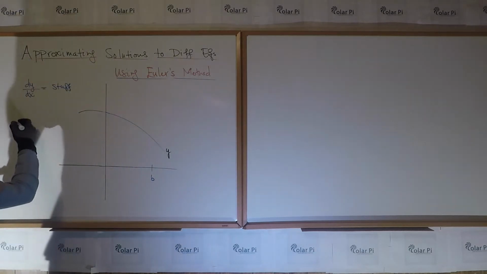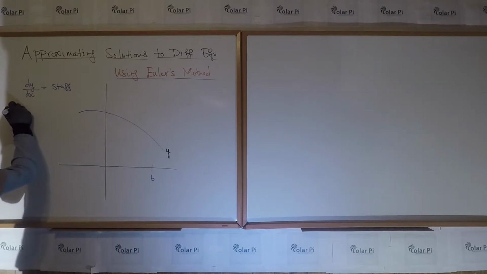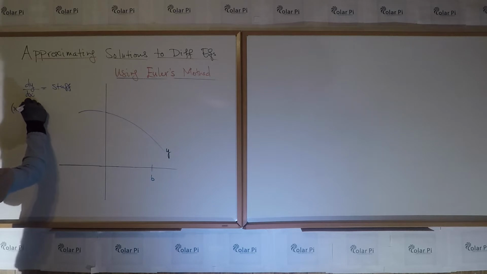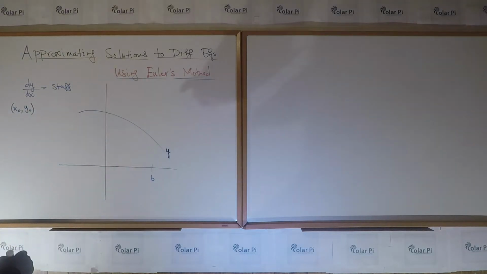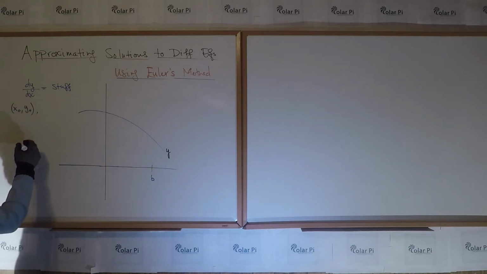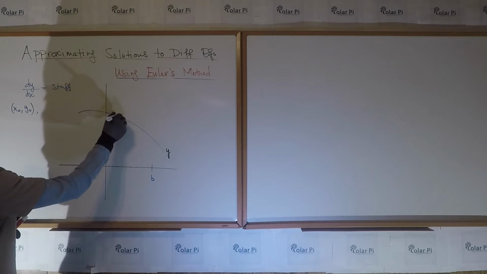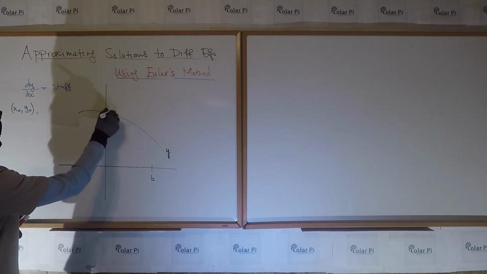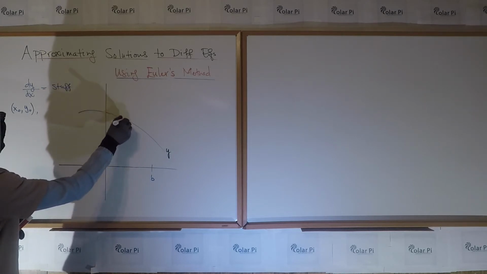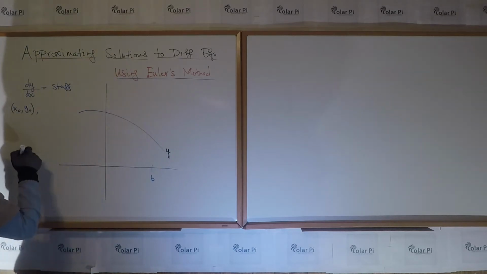In addition to the differential equation, you need to be given an initial point on y, so let's call that x0, y0. Then you need to be given a step size or step length, because what you're going to do is use little steps of little lines to approximate the curve y, and we'll talk more about that in a second.